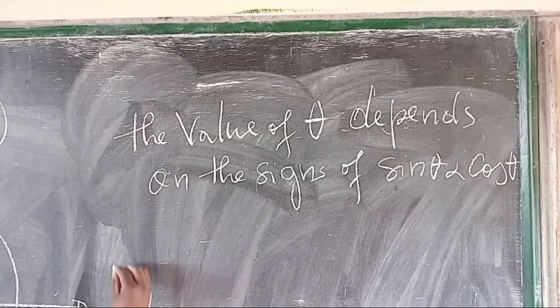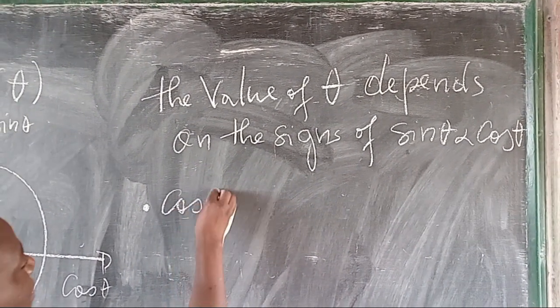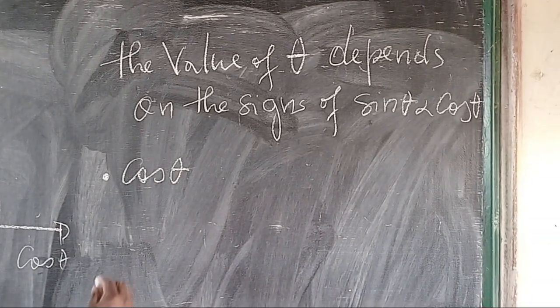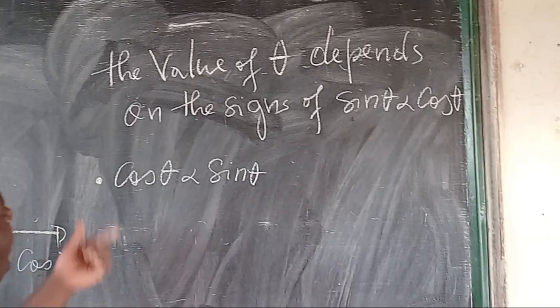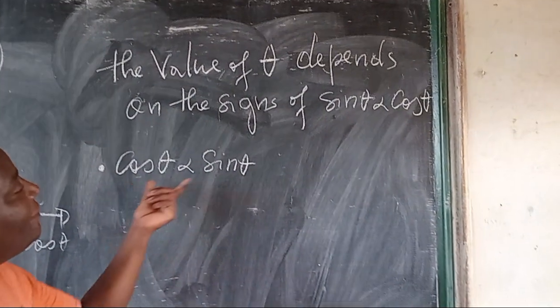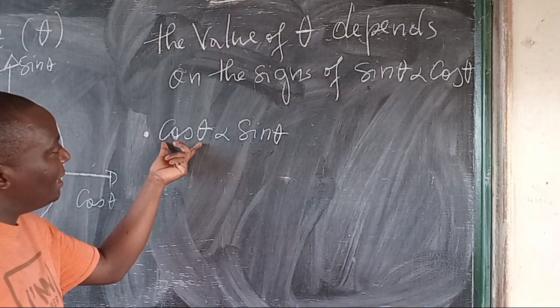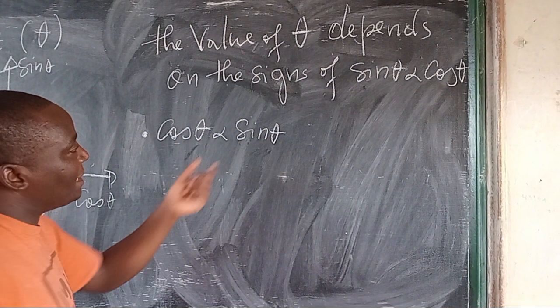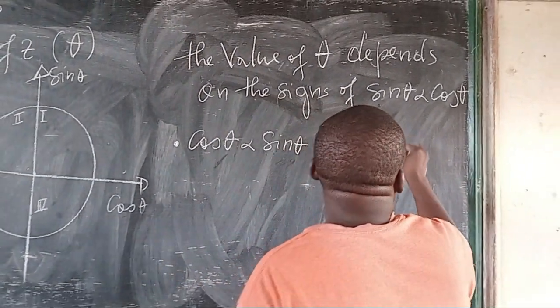As you see, the first thing, teacher, if the cosine of an angle theta and the sine of that angle theta both give you positive values, both must be positive.